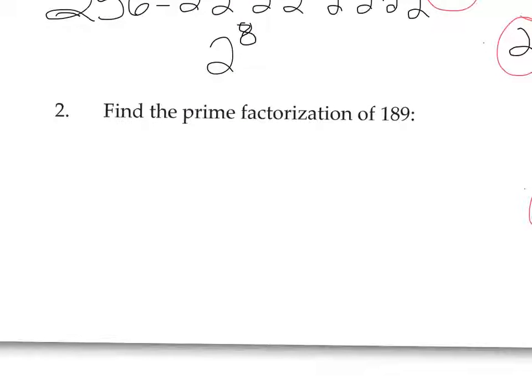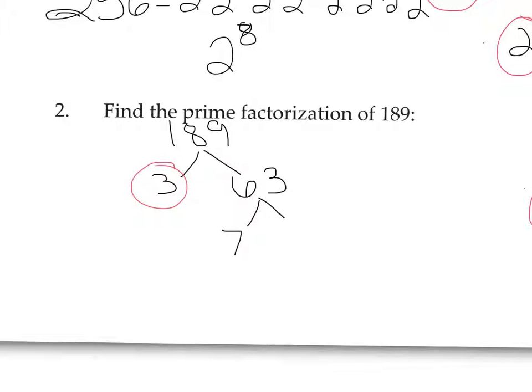Let's find the prime factorization of 189. So we have 189. Well, this time 189 is not divisible by 2, but it is divisible by 3. That's 3 times 63. 3 is prime. 63 is 7 times 9. 7 is prime.